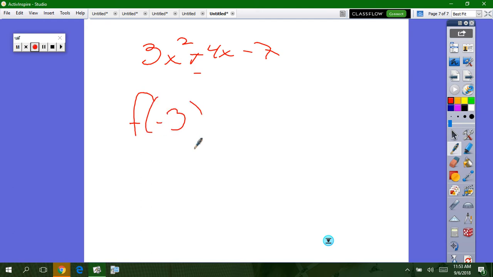I really could. But when it gets to higher powers, that becomes a little crazy, doesn't it? So therefore, just do synthetic division. Watch how fast it becomes.